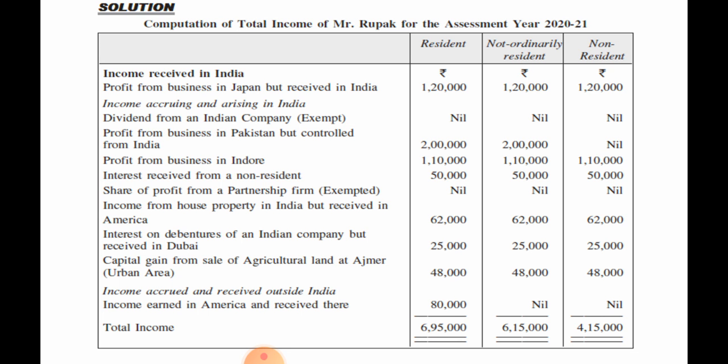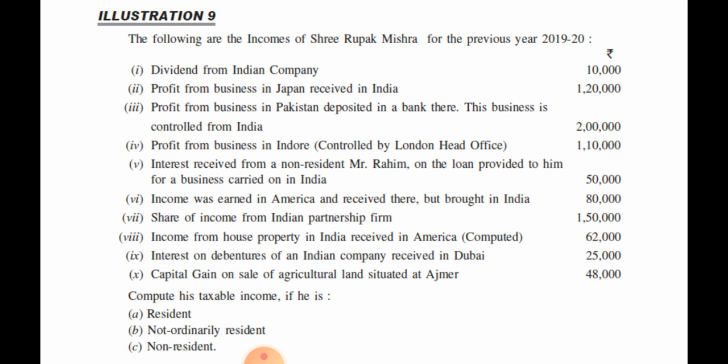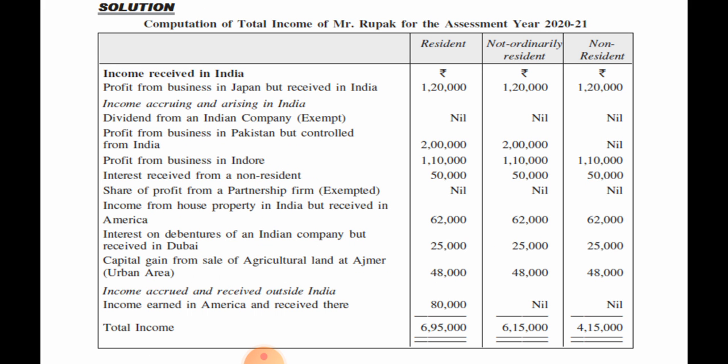You can also write it in this way. In this illustration, the first point was dividend from an Indian company. You can write this point into the solution and simply write exempt, exempt, exempt. It depends upon how students write down the solution.